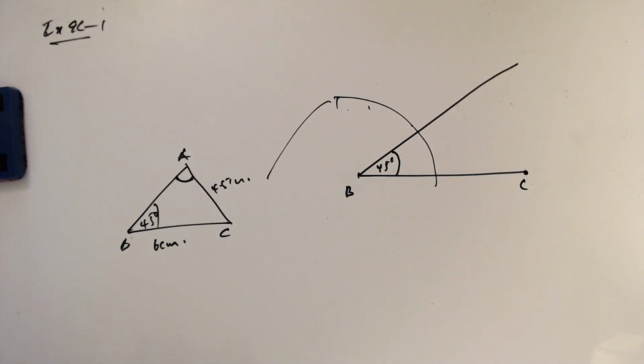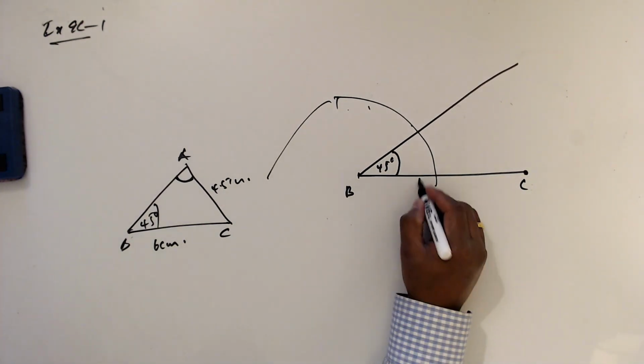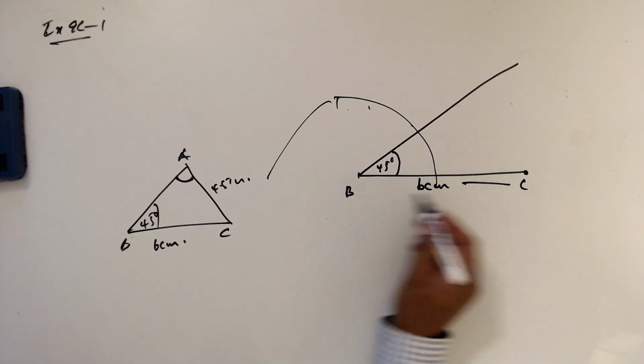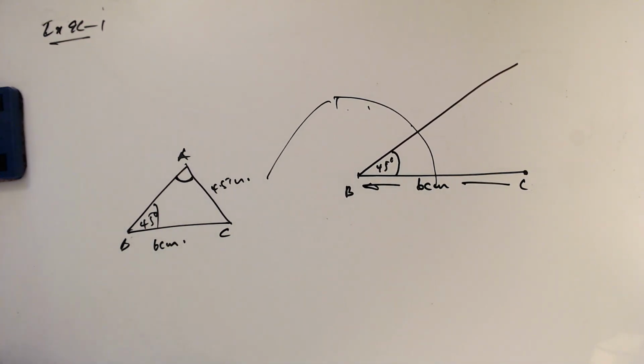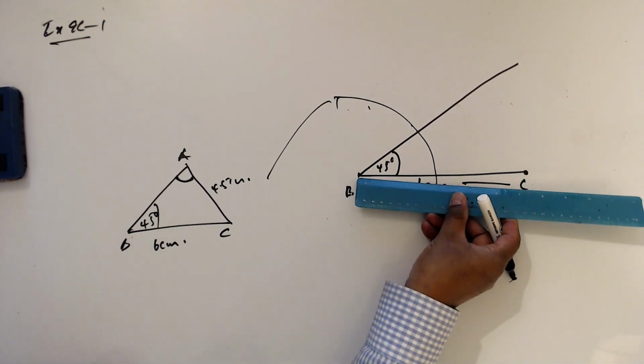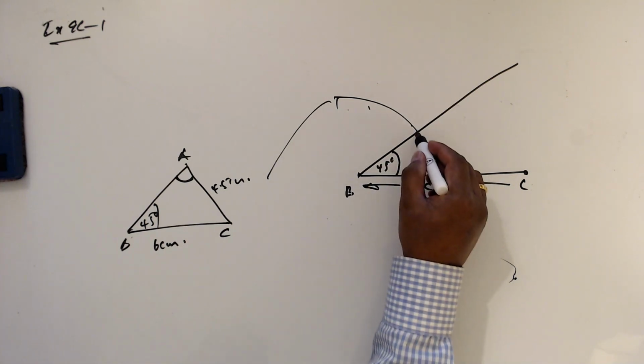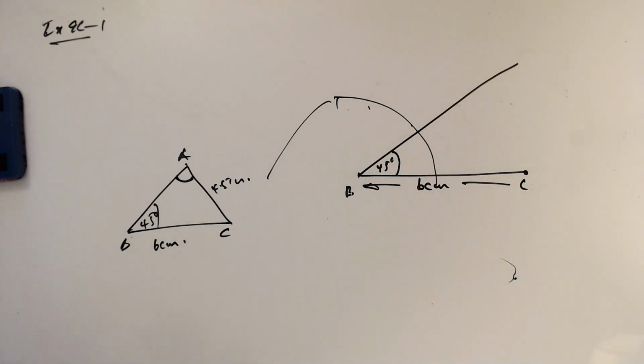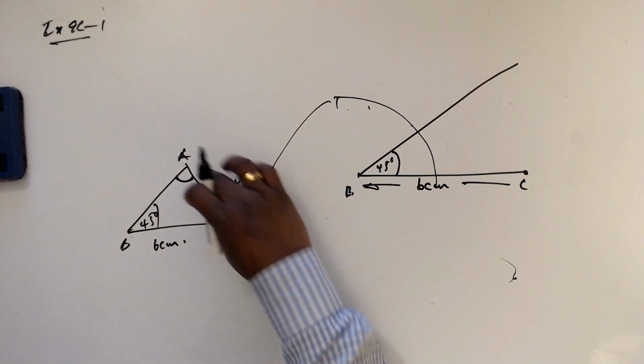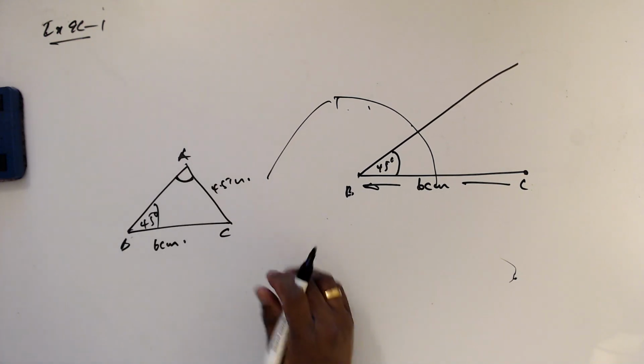Now, this is 6 centimeter. I draw for 6 centimeter by keeping my ruler for 6 centimeter, and then the protractor, keeping protractor, I measure that 45 degrees. Now, how am I going to do that? This one for 4.5.